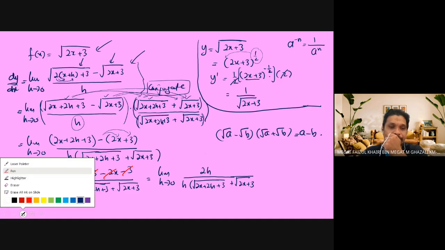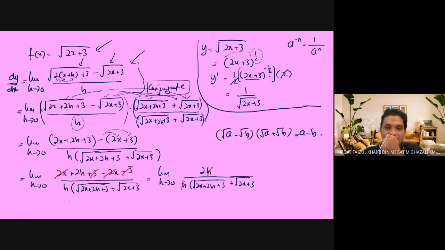So now h divided by h, and now we are going to use this instruction. Limit h approaching 0. This h and this h have been eliminated. Do you find any h left? In the square root, this one here. Good. When h approaches 0, then 2h equals 0.